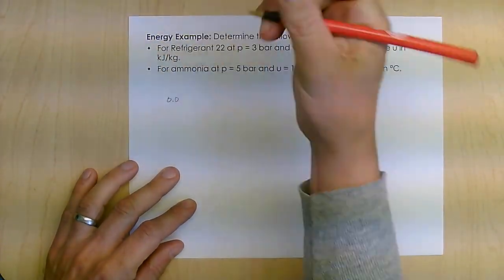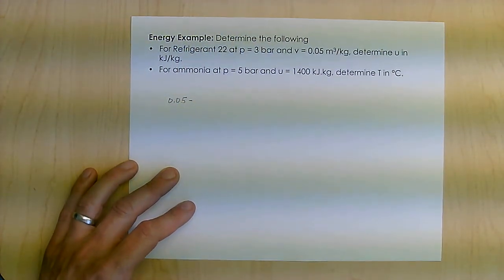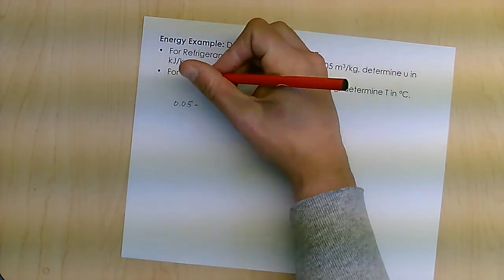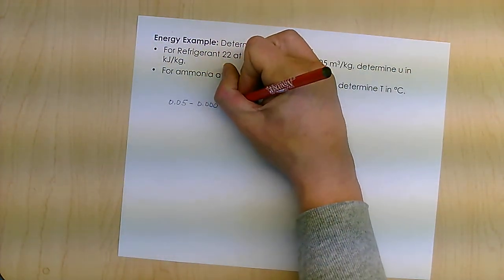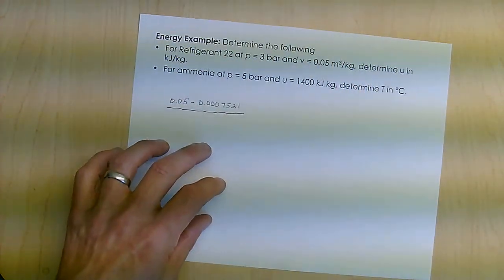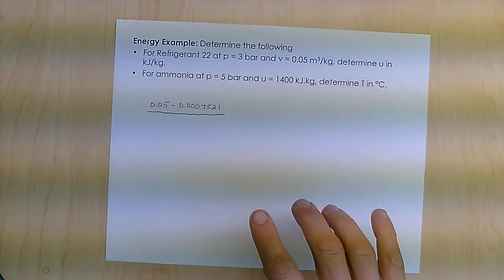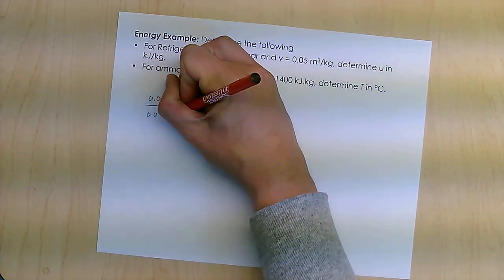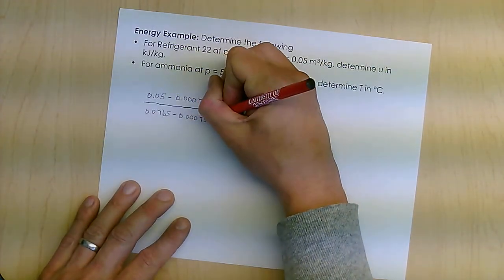I know my volume, and I subtract off of that my saturated liquid volume, which again is 0.0007521. I divide that by the total difference between saturated vapor and saturated liquid volume, which again is 0.0765 minus 0.0007521.